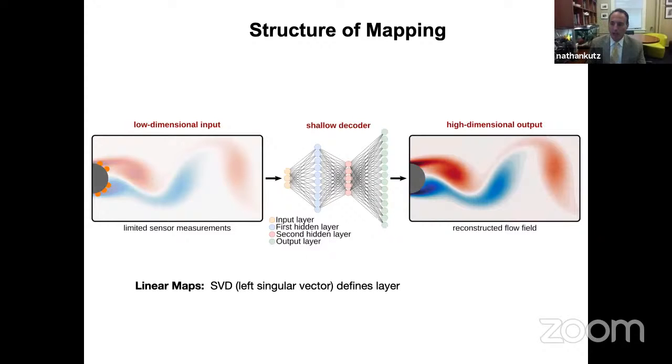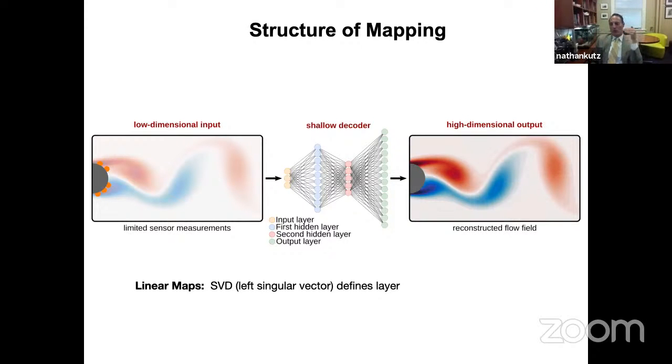In particular, remember we talked about autoencoders before, but now this really is structured as a decoder. What I mean by a decoder is that you're trying to build a map from the measurement sensor space, which is S, to the high dimensional state space X. So you notice in the middle there, it's a decoder.